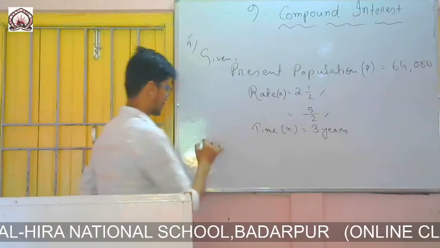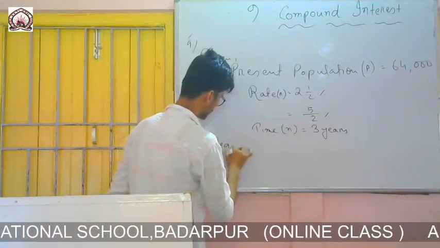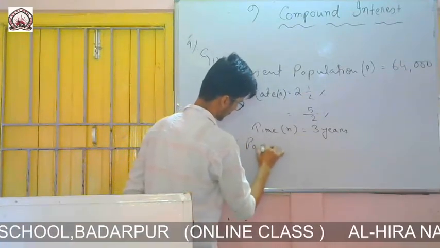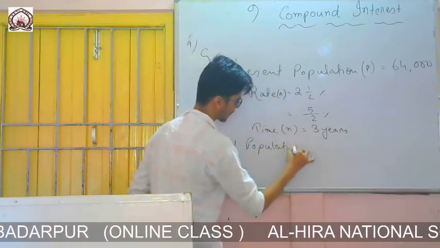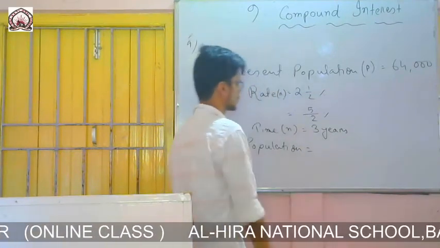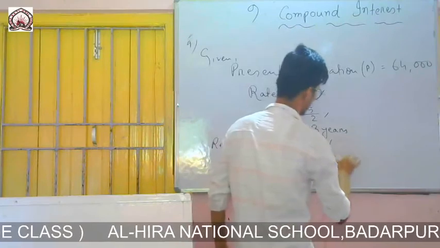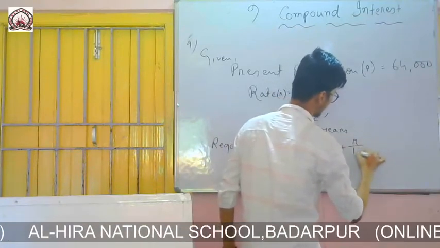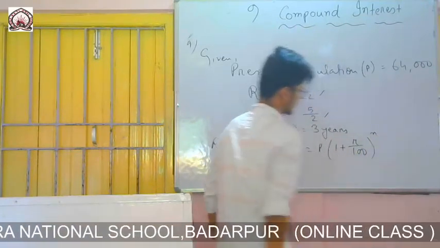Therefore, required population equals P into 1 plus R by 100 to the power n.